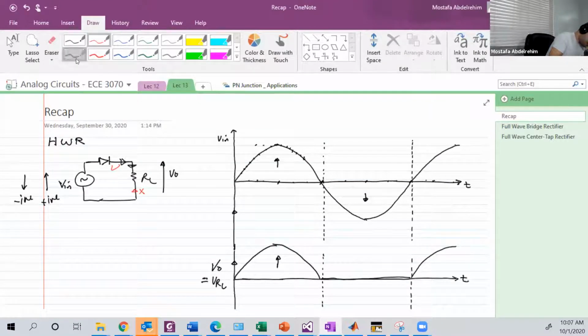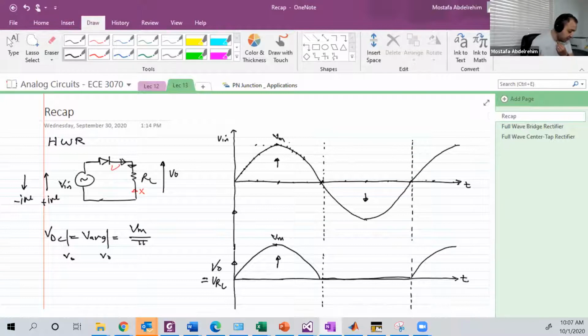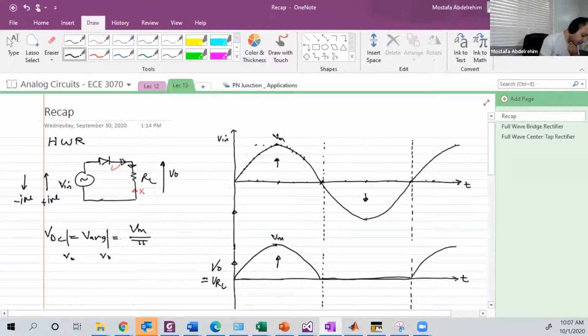And we found that VDC, or V average of the output signal, is equal to Vmax over pi. This is Vmax. Okay. Vmax over pi, yes, divided by pi.